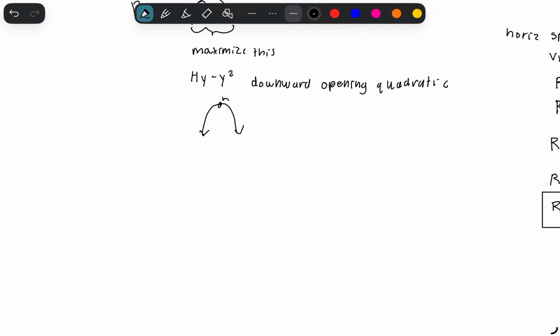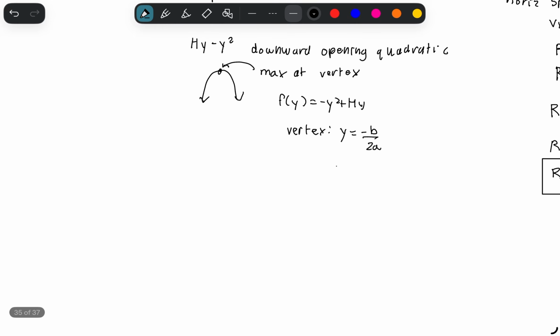So this is going to be the max at your vertex for f of y. That means your vertex, using your formula, is y equals negative b over 2a. Here a is equal to negative 1 and b is equal to h. So we have y equals negative h over 2 times negative 1, which is h over 2.